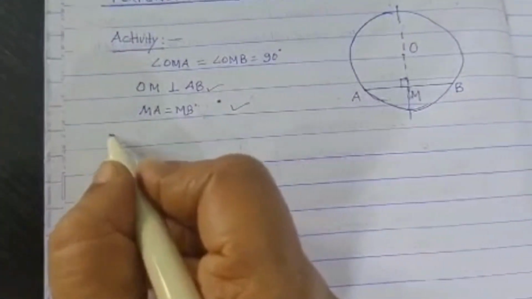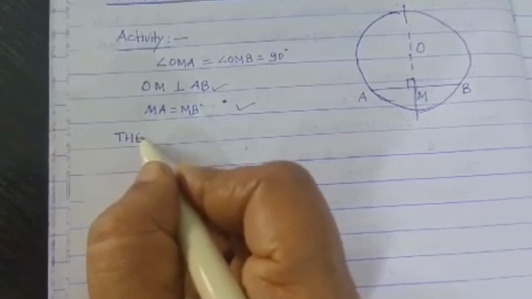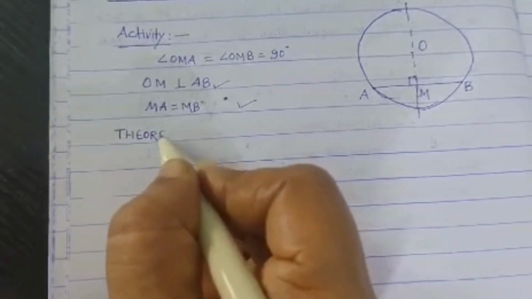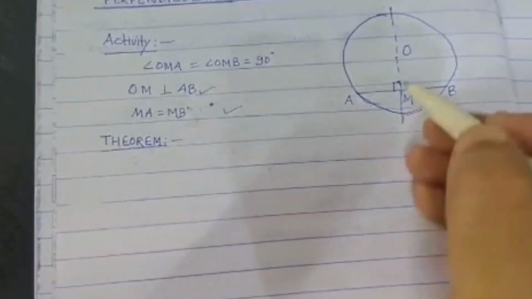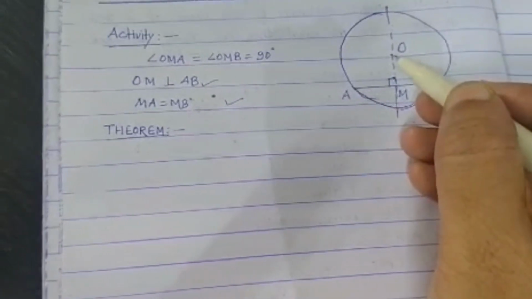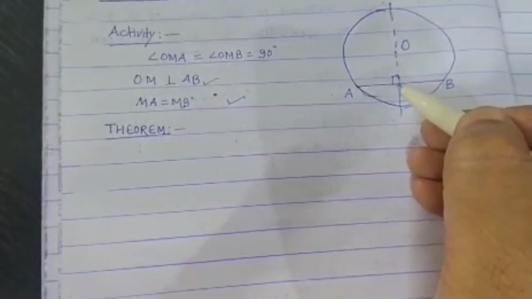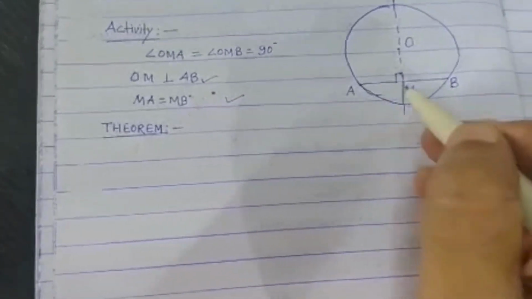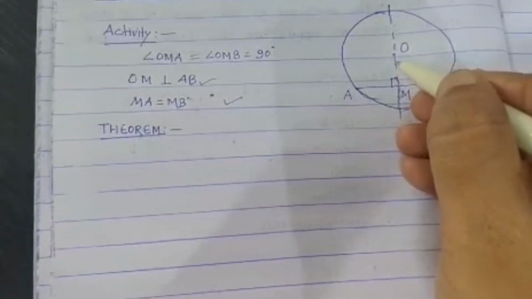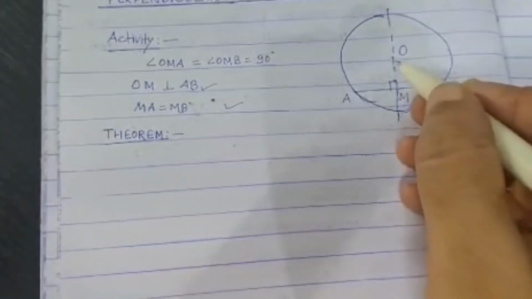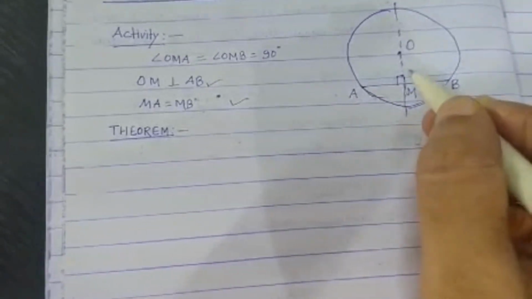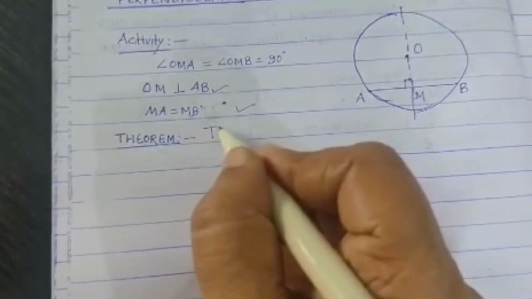So here comes our theorem. The theorem is coming from here. The theorem is like this, that the perpendicular drawn from the center of a circle to a chord bisects the chord. This is the perpendicular drawn from the center of a circle to the chord. Let us write it.